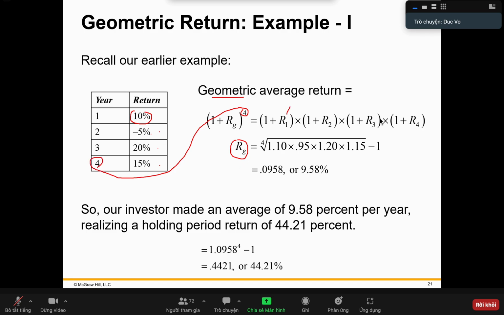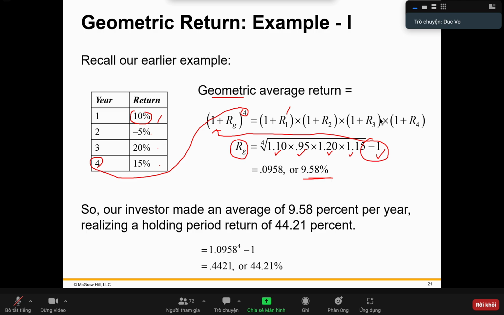Year number 1, you earn 10%, so 1 plus 10%, you get 1.1. Number 2, you lose 5%, so 1 minus 5%, you get 0.95 and so on. And minus 1. Minus 1 is actually from here, you move to the right. So then you get about 9.58%.